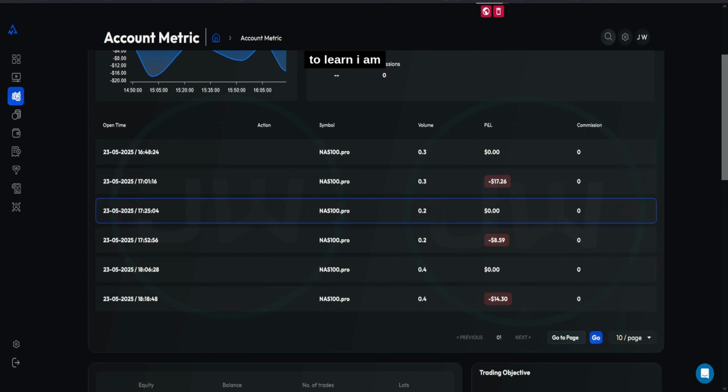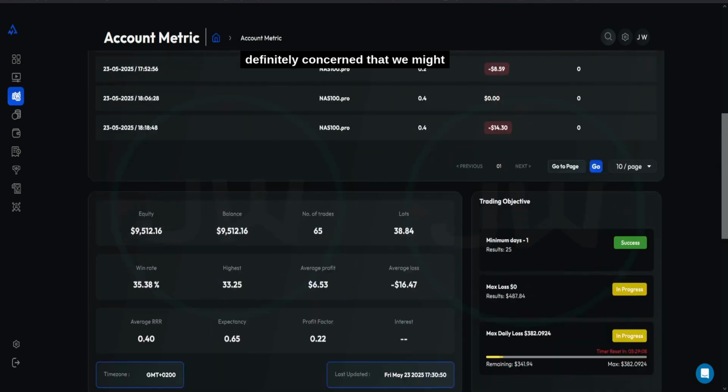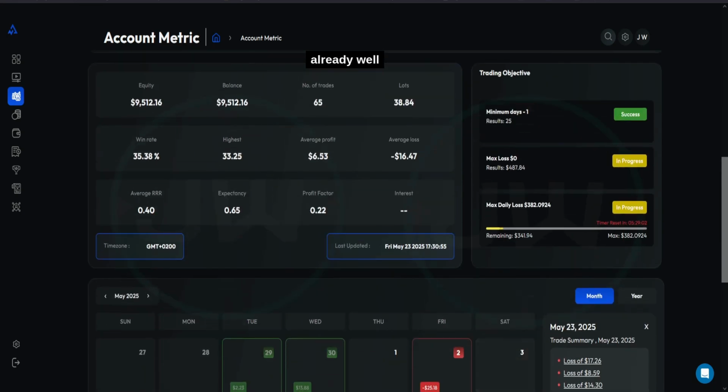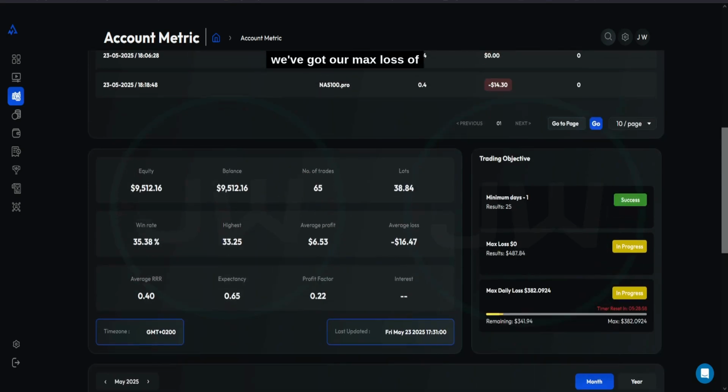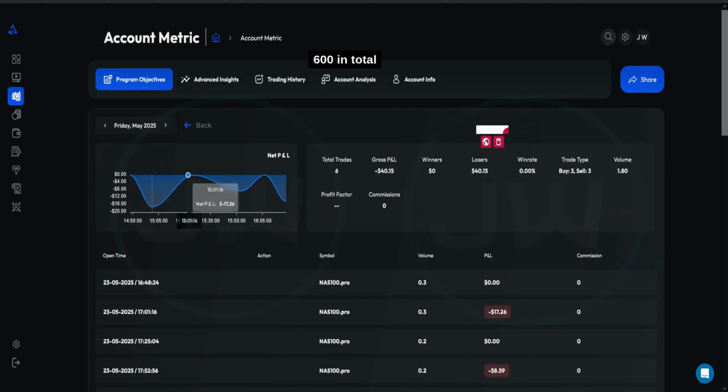But lessons to learn. I am definitely concerned that we might blow this account. We've got our max loss of $487, and the max loss is $600 in total.